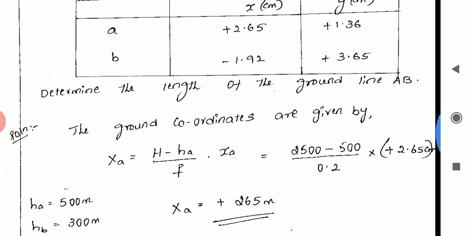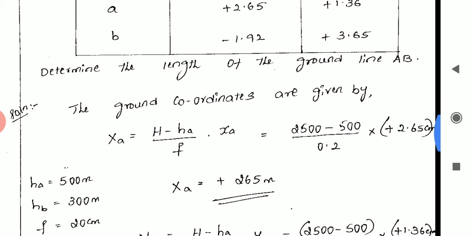He asked to determine the length of the ground line AB. So length is AB, and length is nothing but L. The formula and derivations I already explained in previous classes.